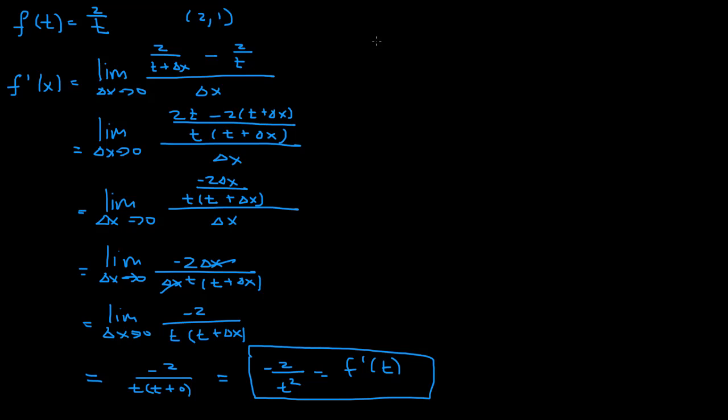Now let's continue on here. We want the slope of the tangent line at the point 2, 1. So we want to evaluate our derivative at this point. If we evaluate f prime of t at 2, that equals negative 2 over 2 squared, so negative 2 over 4, so negative 1/2.